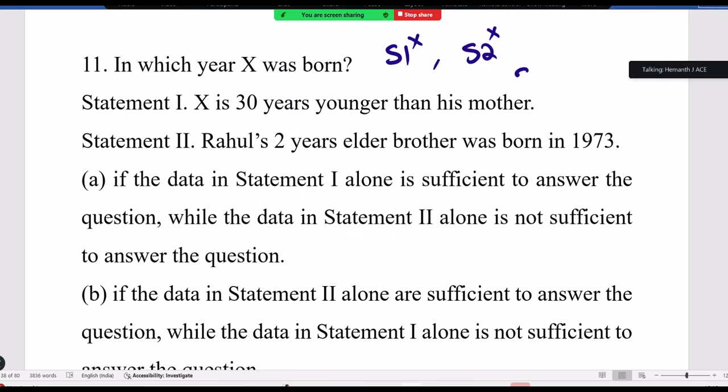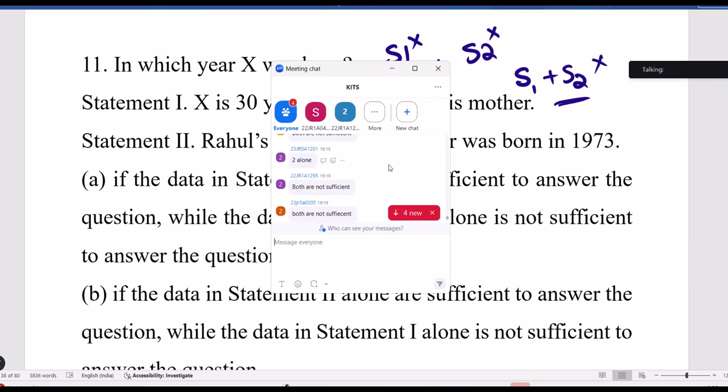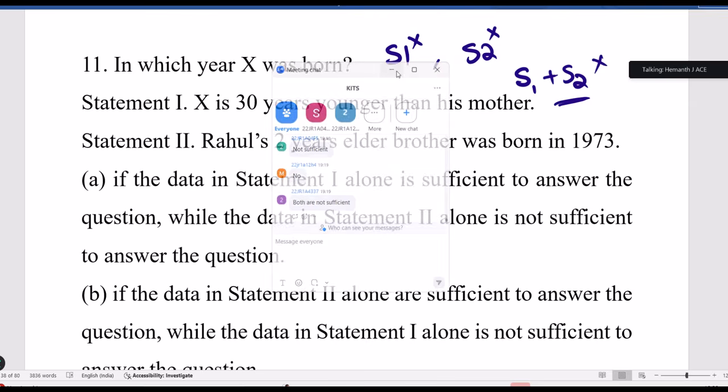Together also, they had to give the relationship between Rahul and X somewhere. Rahul is 30 years younger than his mother, let's say Y. Rahul is also the son of Y, and they have to say Rahul's elder brother is X. There is no information related to the relationship between Rahul and X. Put together also not sufficient.